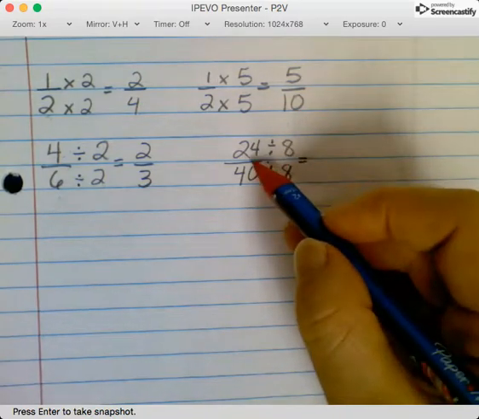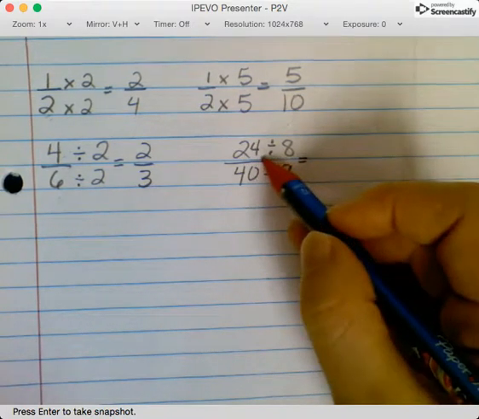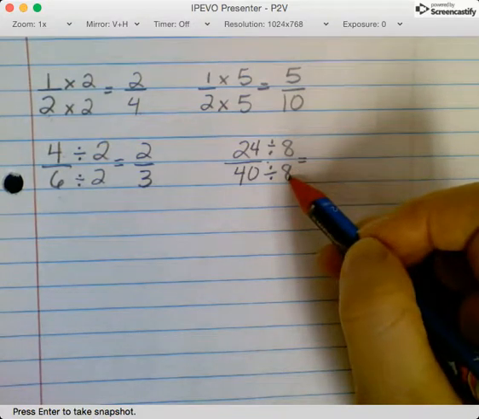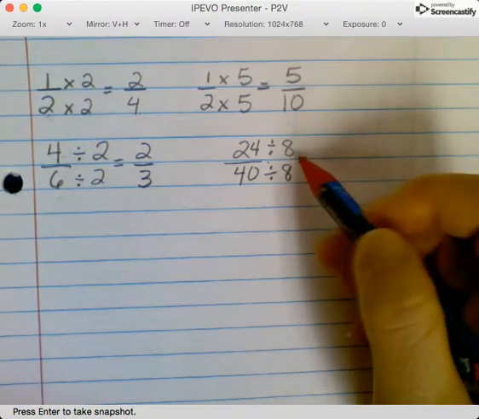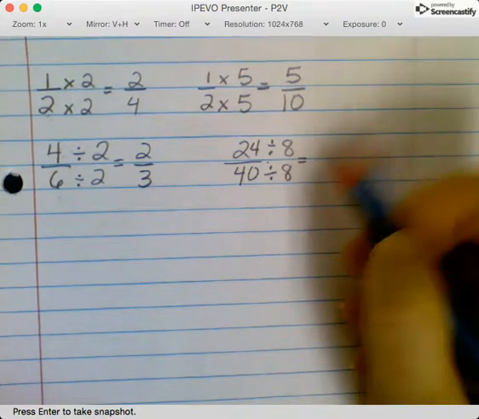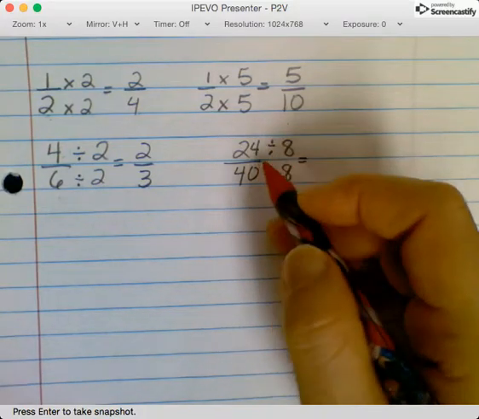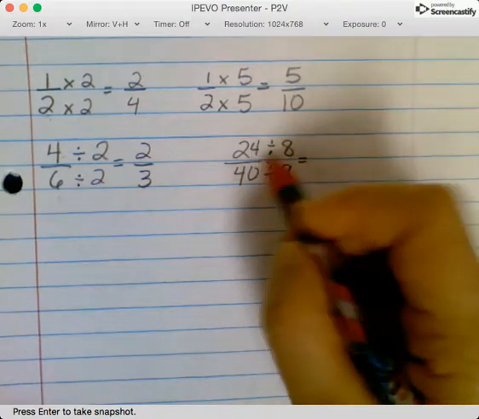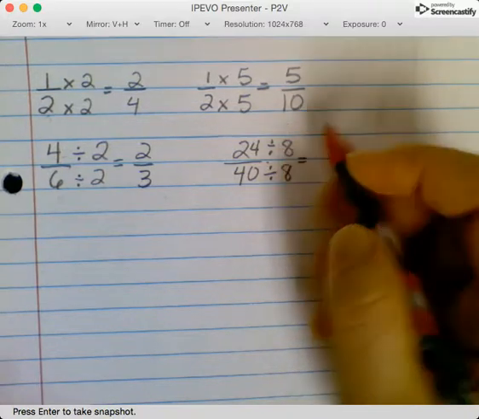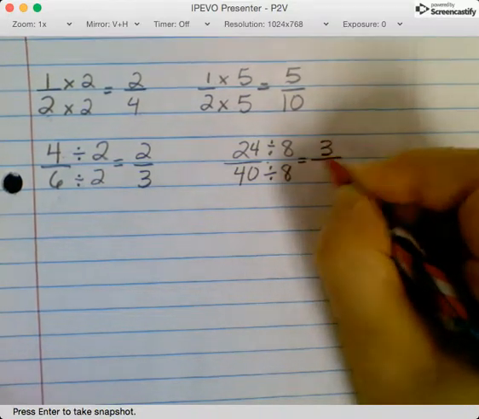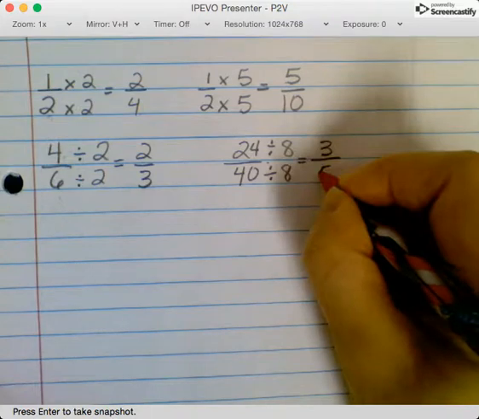Okay, sometimes I like to try using the largest number I can divide them both by. That makes them in simplest form, or it reduces them all the way. So 24 divided by 8 is 3. 40 divided by 8 is 5.